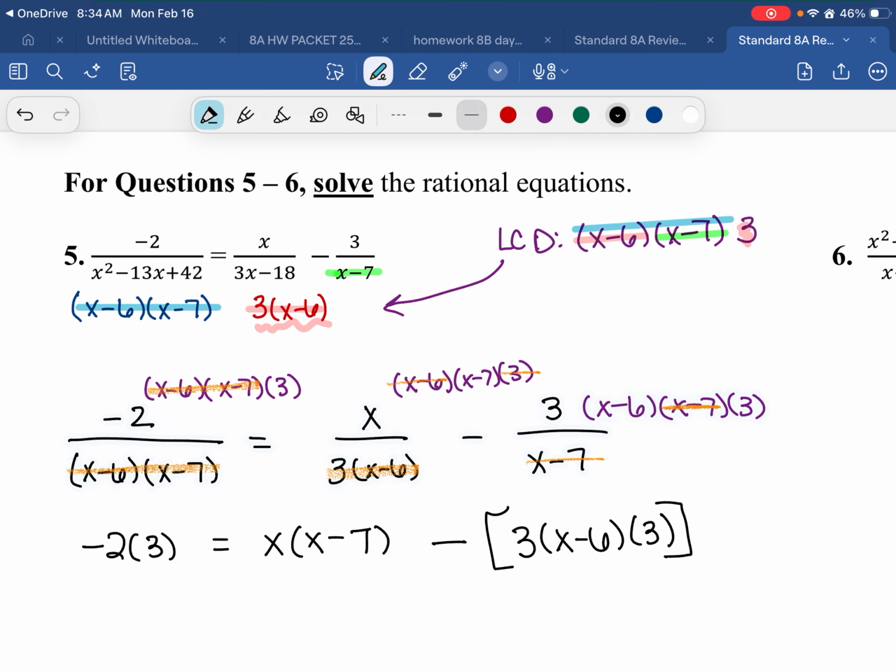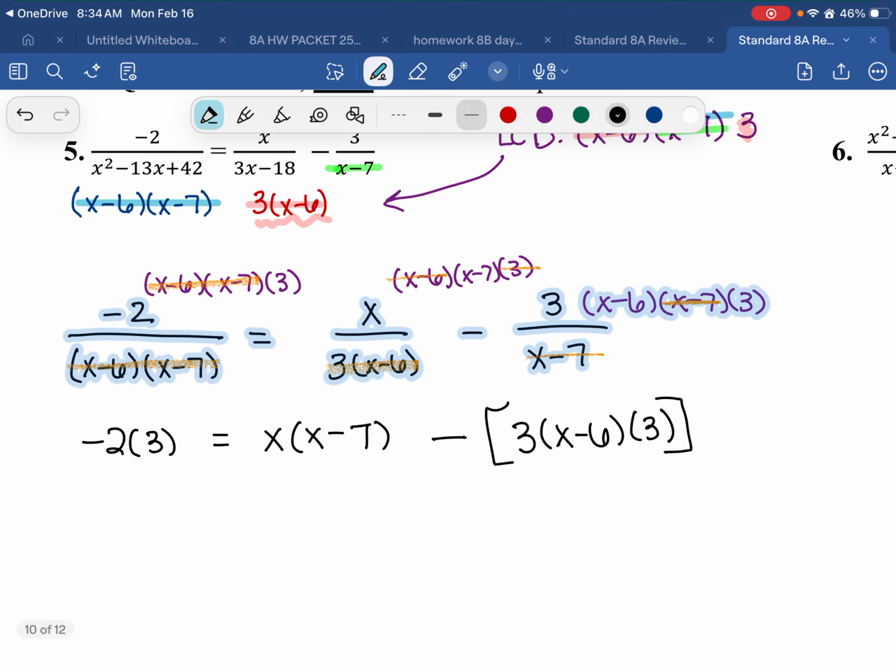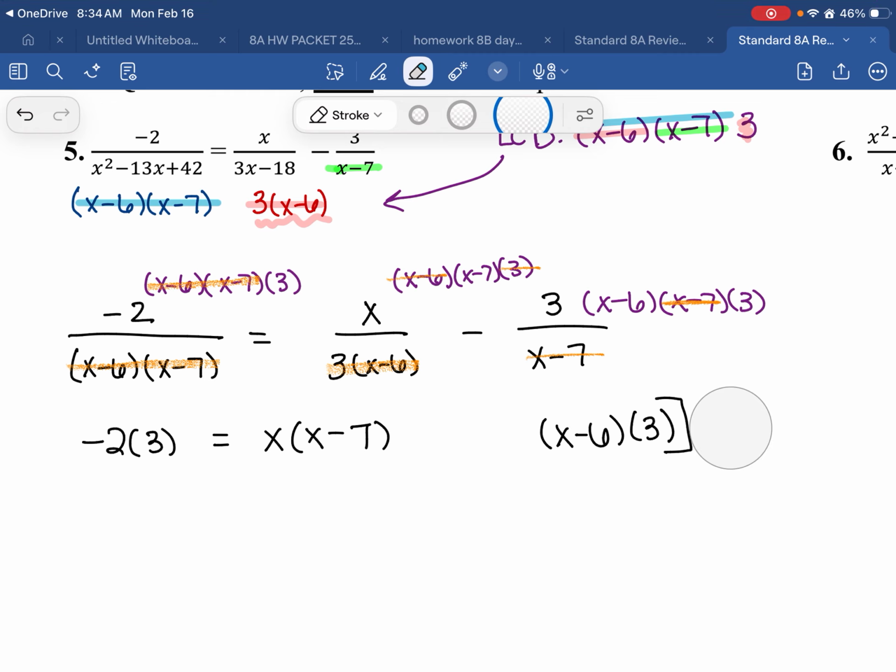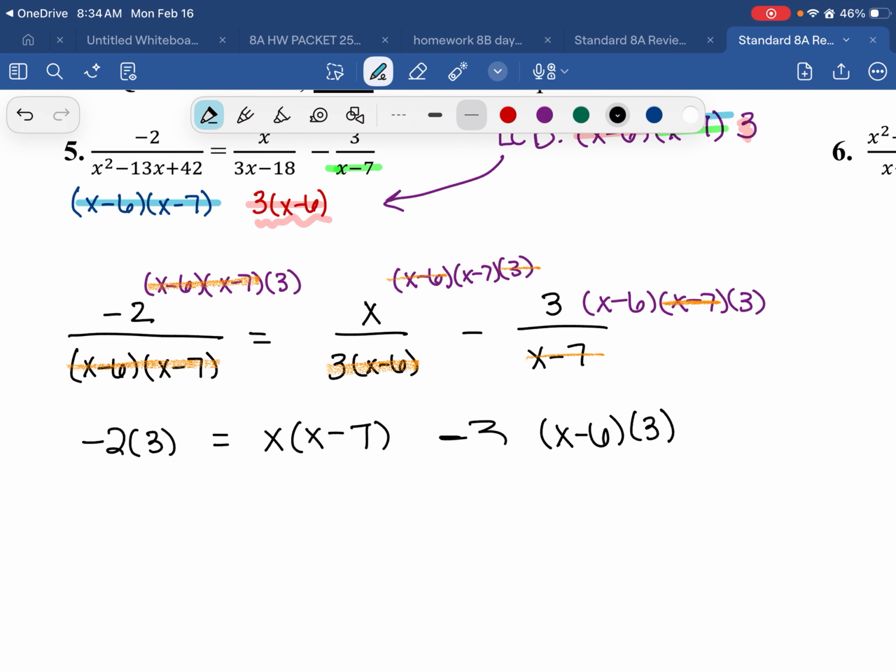And you've got to subtract everything that comes after, so you could distribute the negative 3 first. If you didn't like that way, what you could do instead is go negative 3 times all of that too. It doesn't matter, same way, just as long as you follow that negative.